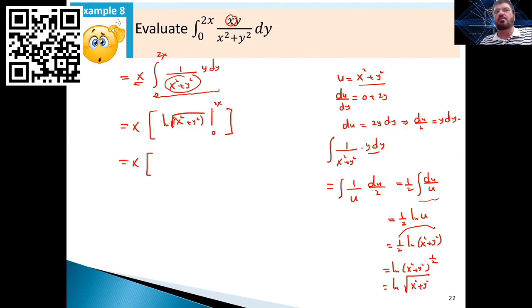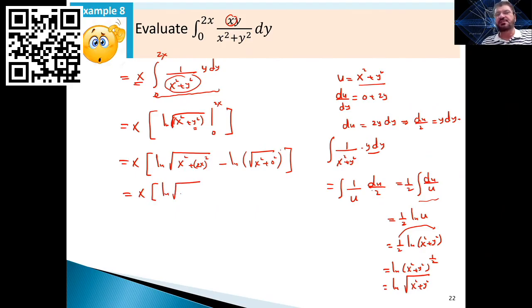Now what do we do? Don't forget, we are integrating with respect to y, so we're going to replace every y with 2x. So this is ln square root of x squared plus (2x) all squared, minus ln square root of x squared plus 0 squared. See what we did? We replaced first with 2x, and then this one. So this is x times ln square root of x squared plus, if you square this one, what do you get?